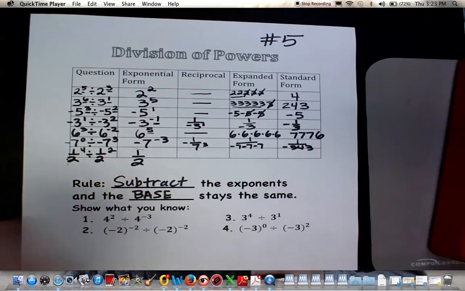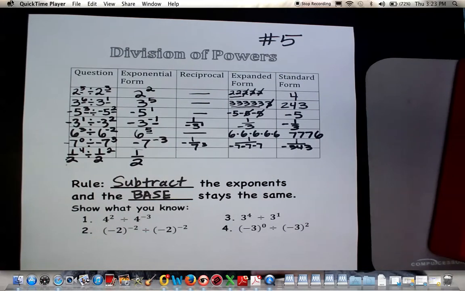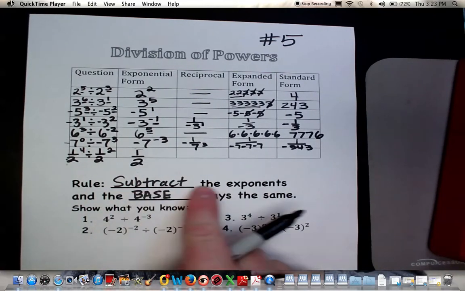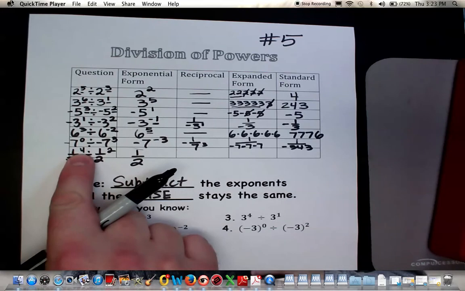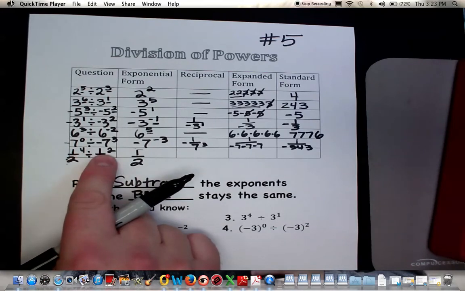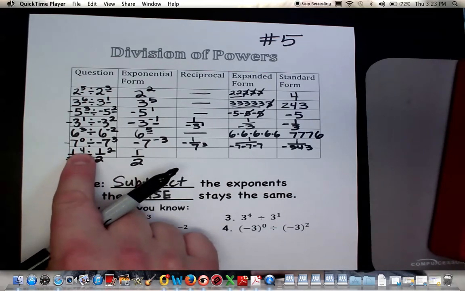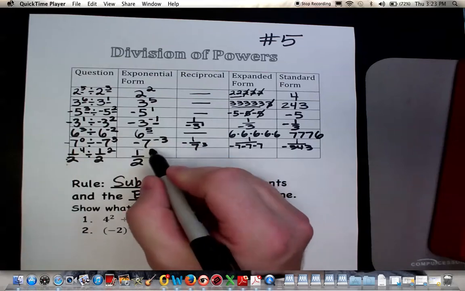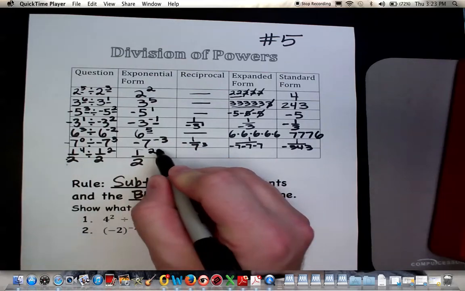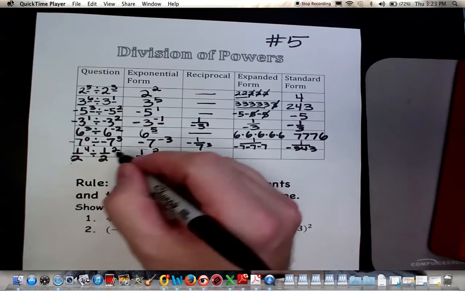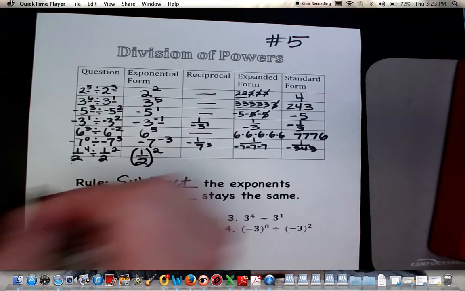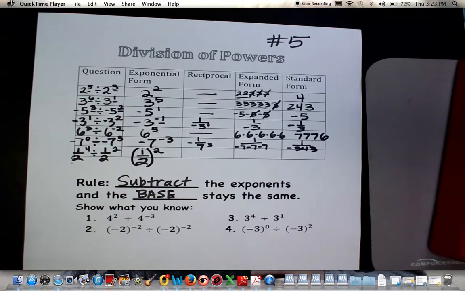Keep the base. Now I need to subtract the exponents. I need to take 4 minus 2. Not 2 minus 4, but 4 minus 2. 4 minus 2 is 2. If you want to put parentheses around this, you can. So I got 1/2 squared.